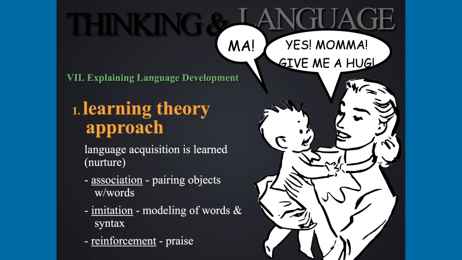So this theory is not very successful in explaining how children actually acquire language rules, but it does have some advantages in the sense that within the learning theory approach to language acquisition, the more parents actually speak to their children, the more proficient those children will become in language use.